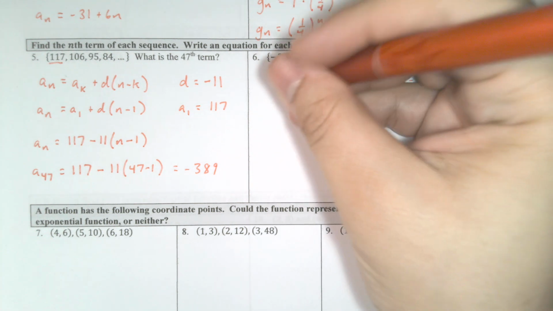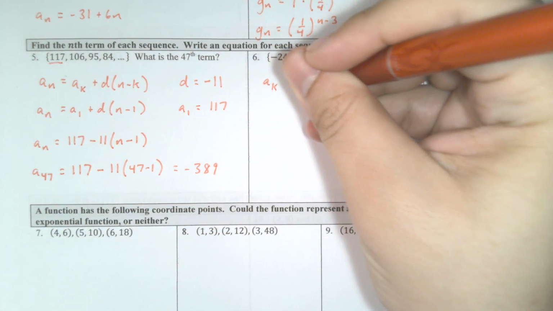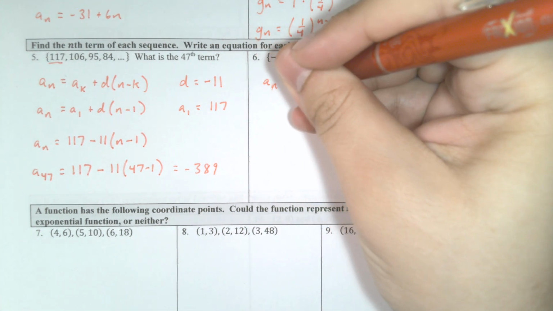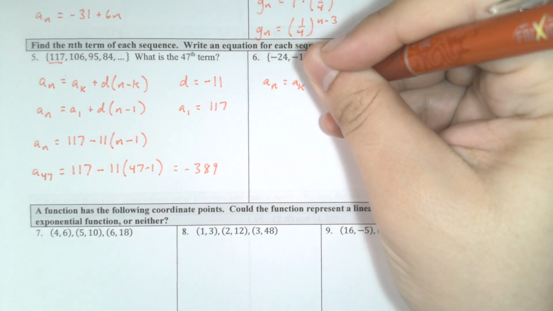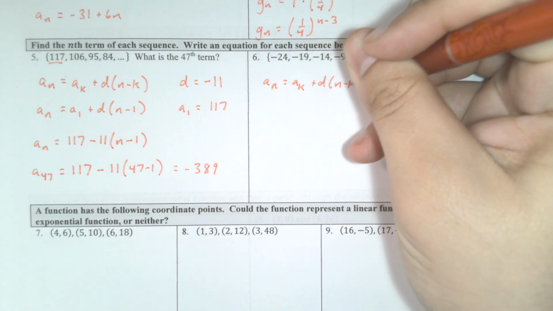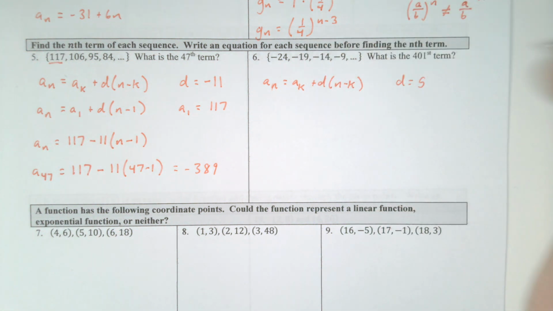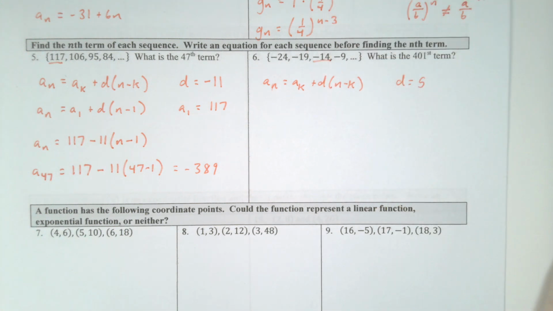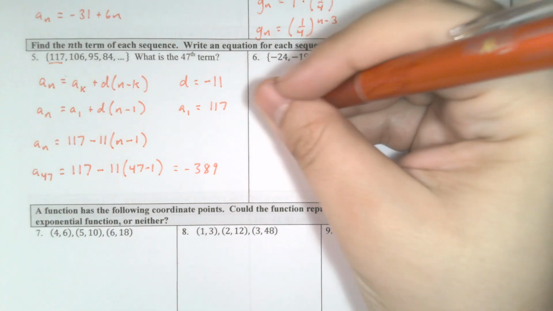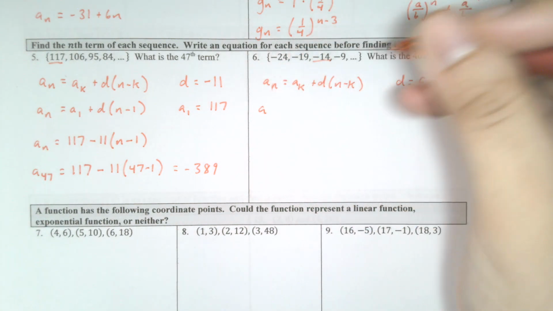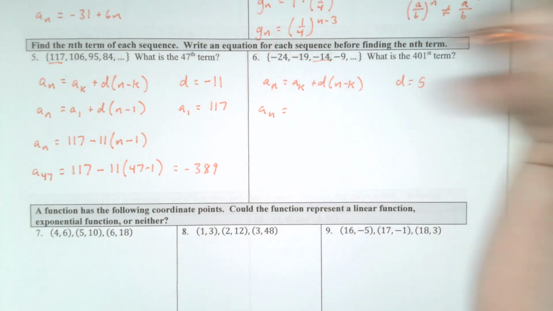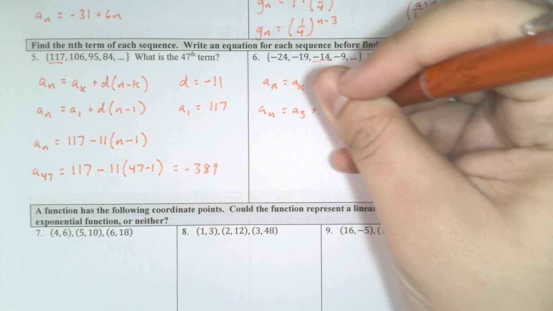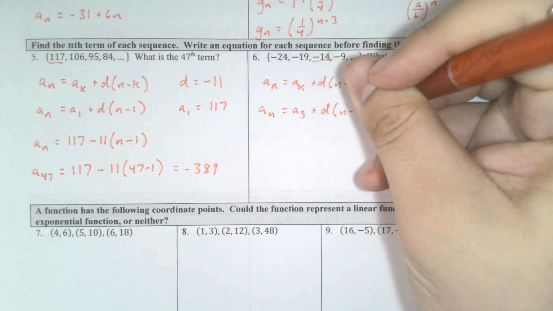And since this is an arithmetic sequence, we have a sub n is equal to a sub k plus d times n minus k. And again, it doesn't really matter, sure, the third term. So if k is equal to 3, then we have a sub 3 plus d times n minus 3.